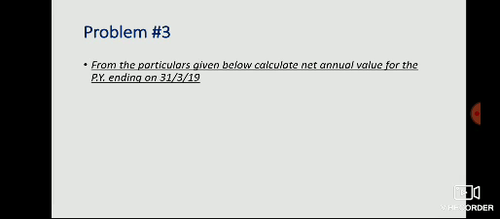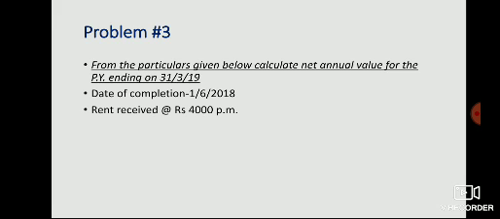So in this problem, we have to calculate the net annual value for the period ending 31st of March 2019. That means previous year 2018-19. Date of completion 1st of June 2018.